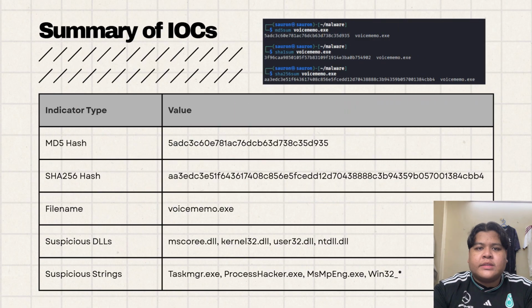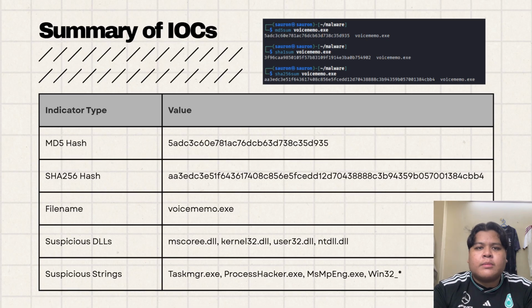Finally, here is the summary of indicators of compromise. On the top right, we have included the terminal outputs from our hash generation. The MD5 and the SHA-256 hashes listed here serve as the unique digital fingerprints for this specific variant.